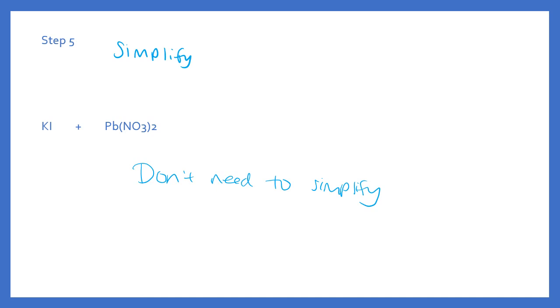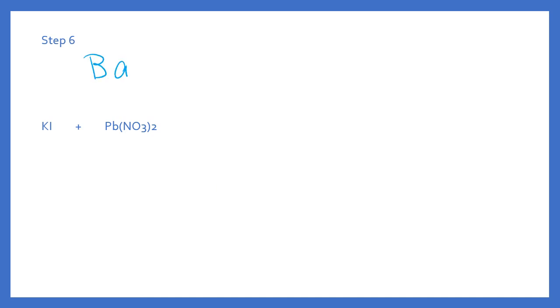The small numbers are as small as I can get. So step 6 is going to be to balance. So let's just balance, and I will just rewrite this equation for you guys.